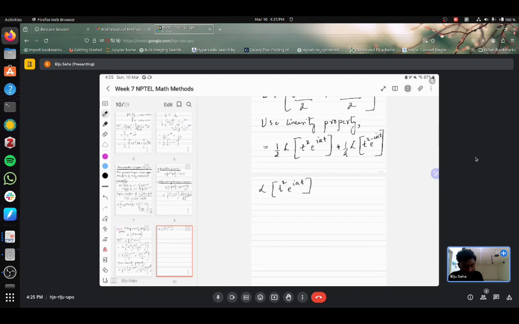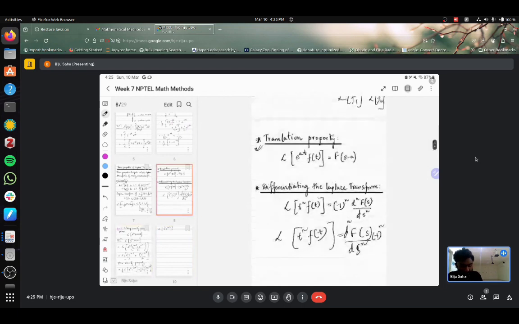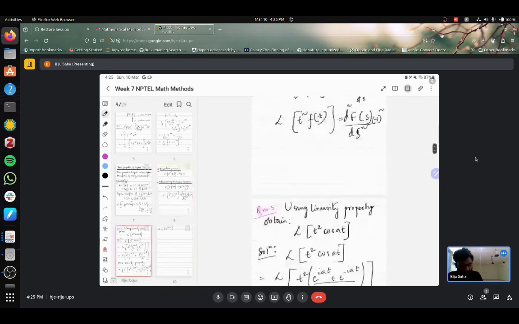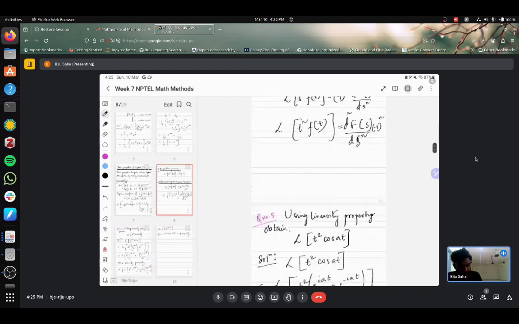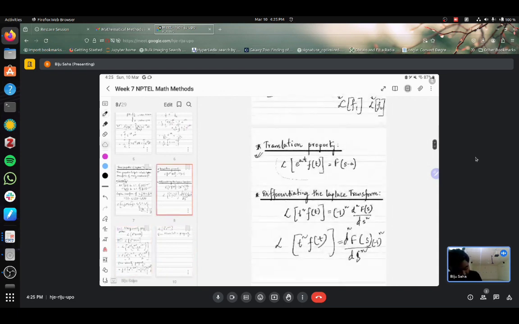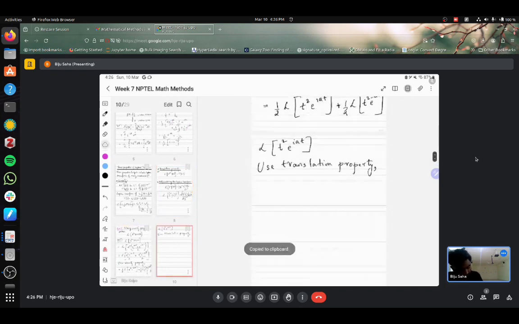Now another property we can use, that we learned just a few minutes ago, is the translation property. So let us use that. Let me bring it here. So this was your translation property.